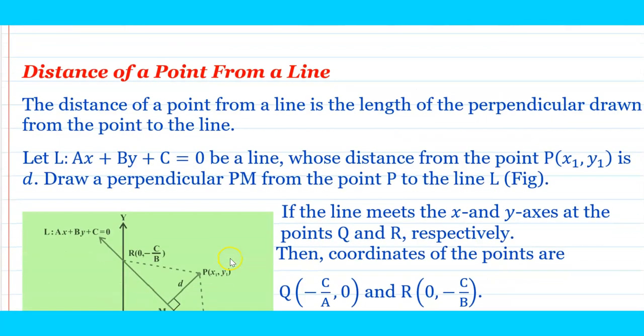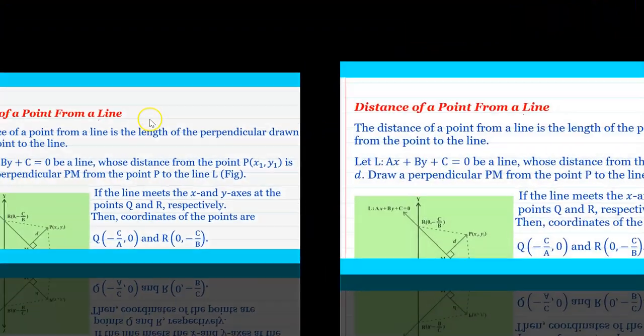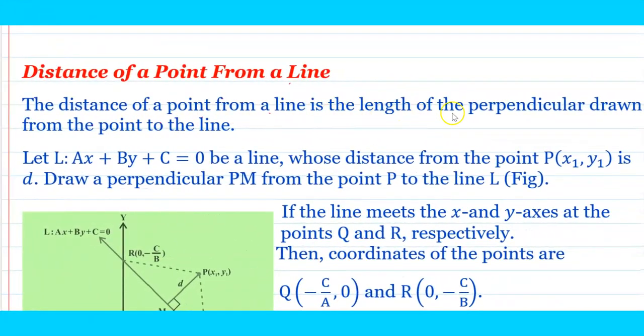Now the next topic is the distance of a point from a line. The distance of a point from a line is the length of the perpendicular drawn from the point to the line.